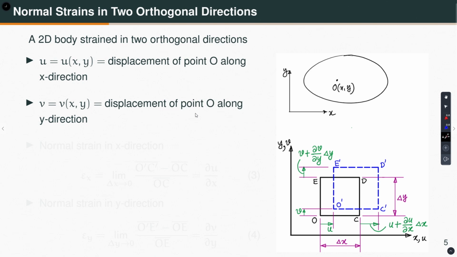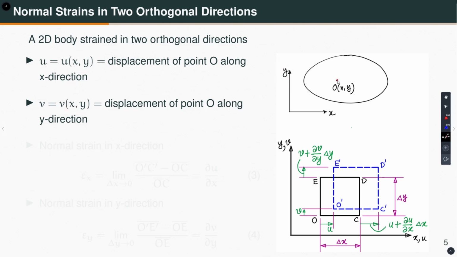So, now let us talk about a body which is shown here, which is strained in two orthogonal directions, x and y. At point O, which is at (x, y), the displacement is a function of x and y: u in the x direction, and the displacement in the vertical or y direction is v, again as a function of x and y.